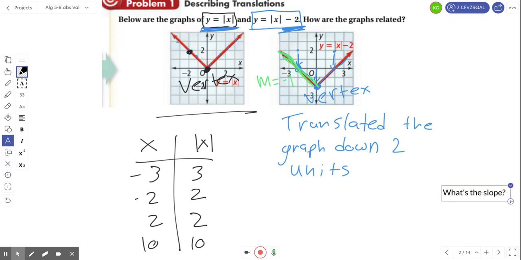And on the right, if you look, it goes over 1, up 1, over 1, up 1, over 1, up 1. So its rise over run is 1 over 1. This slope is +1. So on one side you have a slope of -1, and on the other side you have a slope of +1.